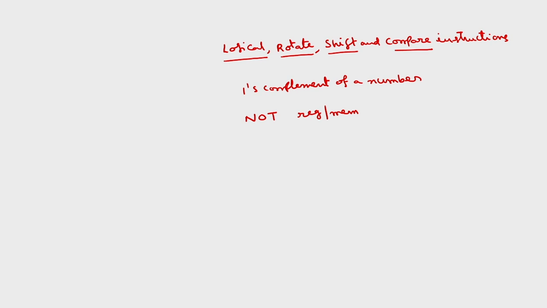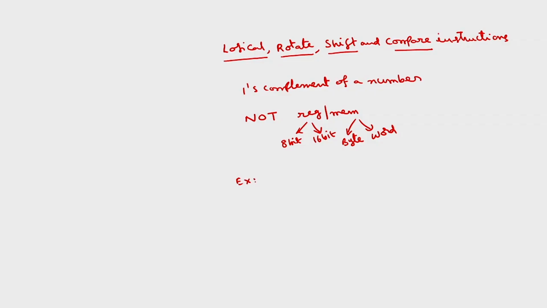This register can be either 8-bit or 16-bit, memory can be byte or word. Byte means 8-bit, word means 16-bit. Whatever register or memory we specify in the instruction, the 1's complement of that will be evaluated and stored back into that particular register or memory only.